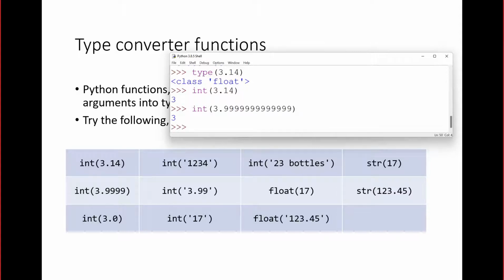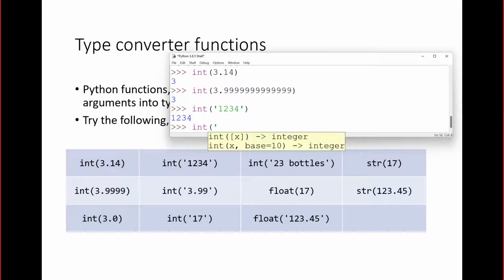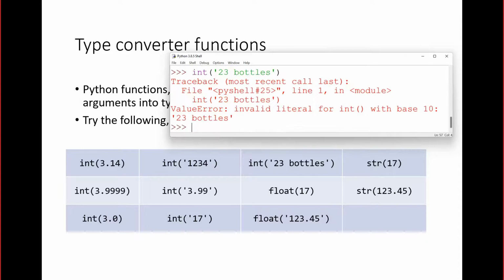This also works: 1 2 3 4. But this is not going to work. You cannot mix: if you say 23 bottles, you are trying to mix integers with strings, which will give an error.